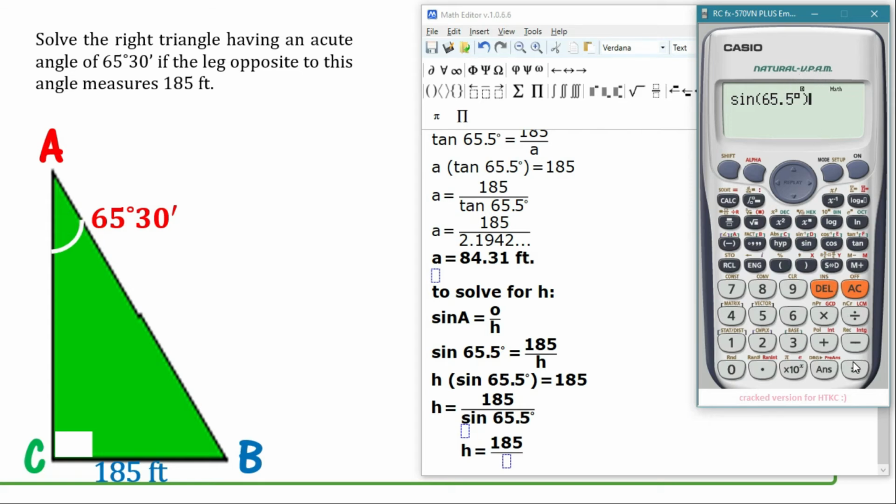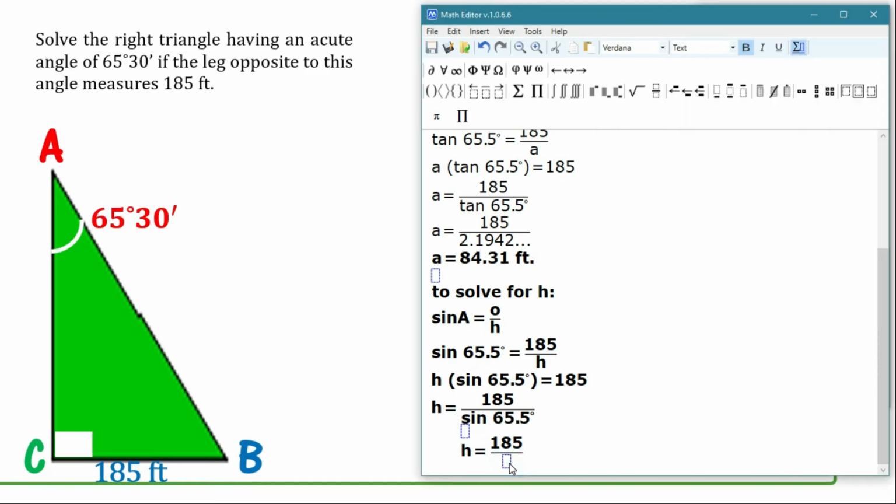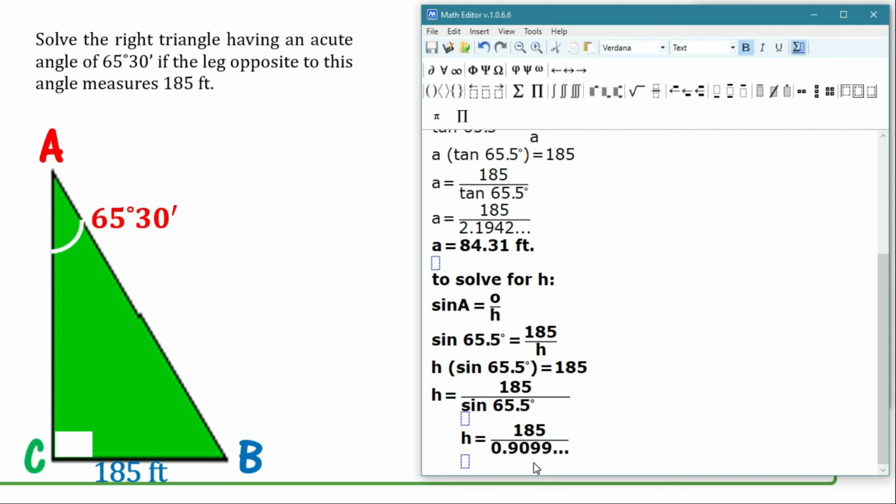Okay, so the sine of 65.5 degrees is equivalent to 0.90996 and so on and so forth. Okay, so ilalagay natin dito dapat lahat ng value para mas accurate yung makuha natin. So that is 0.9099 or an ellipsis, which means that there are still significant figures after it. Okay, so for us to get the value of h, we simply simplify this one.